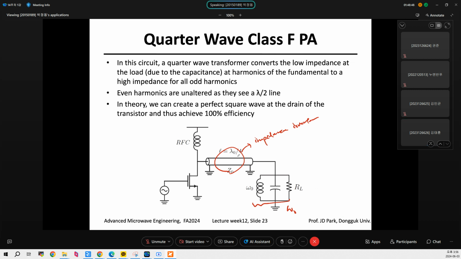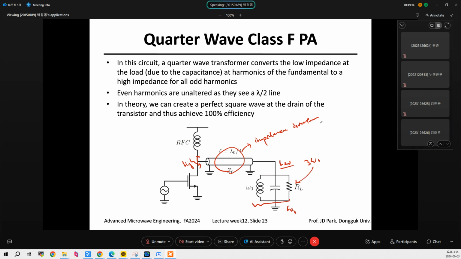Which means if you just implement this as a low impedance, this becomes a high impedance, right? So at 3 omega 0, is this high or low?